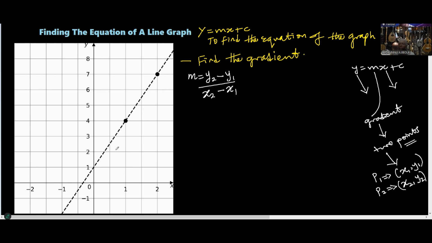Gradient is known as rise vertically over run horizontally, distance vertically over distance horizontally. So to get that, we need a triangle where the 2 points will be the hypotenuse of the triangle.